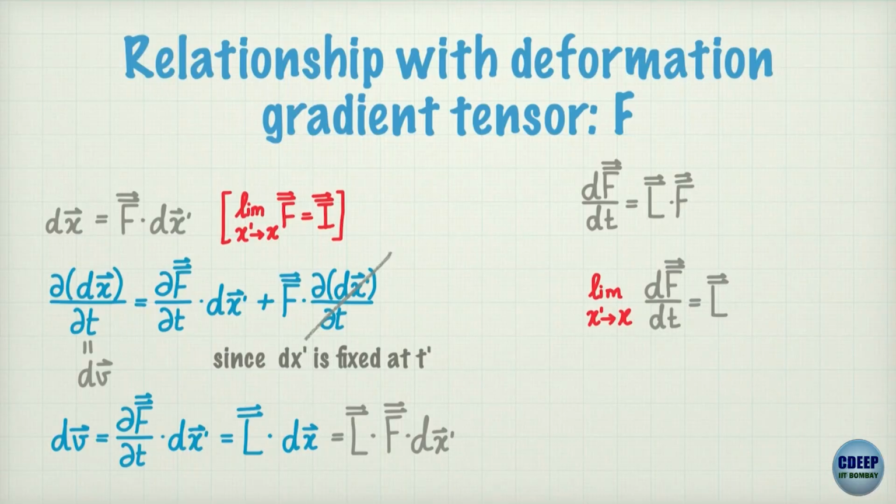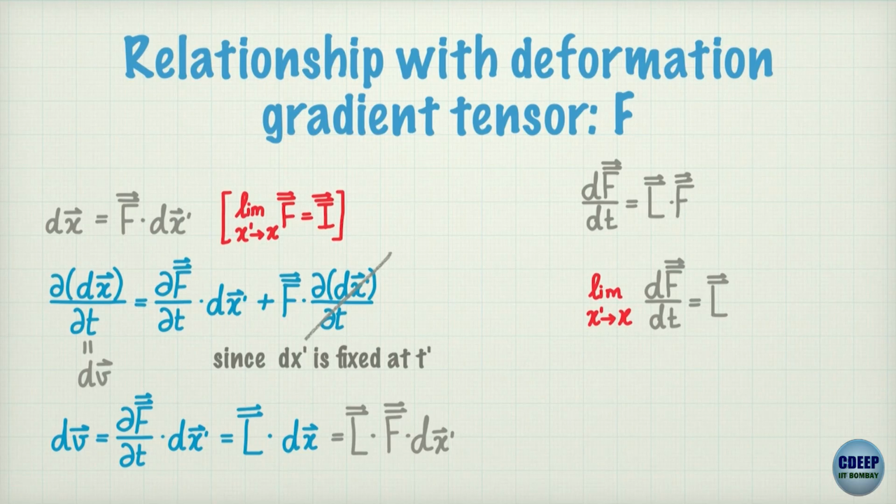Because in both cases there is a deformation or a change in the shape of the material that has happened, except here we are also interested in the rate of the change of shape, right. So, if you take F and take a time derivative of it, somewhere you should be able to relate F to our velocity gradient tensor. That is what we are trying to achieve here.